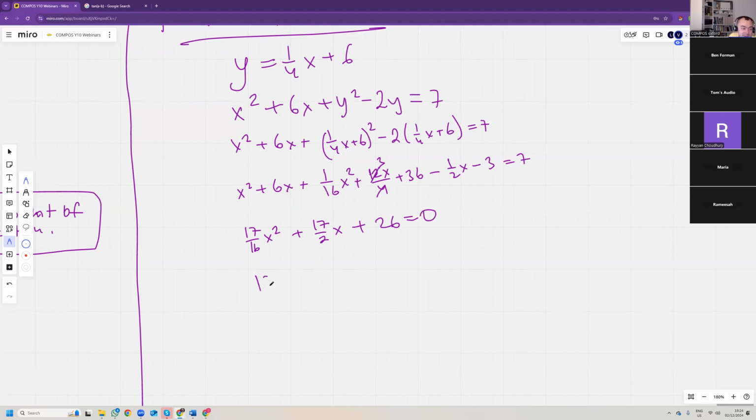Multiply everything by 16, so 17x squared plus 34x plus 16 times 26, 416 equals 0. Okay, I'll ask my calculator to solve this. 17, 34, 416. No solutions. Must have made a mistake somewhere.